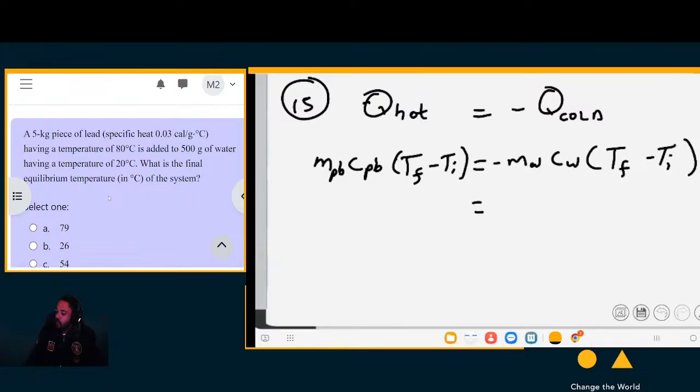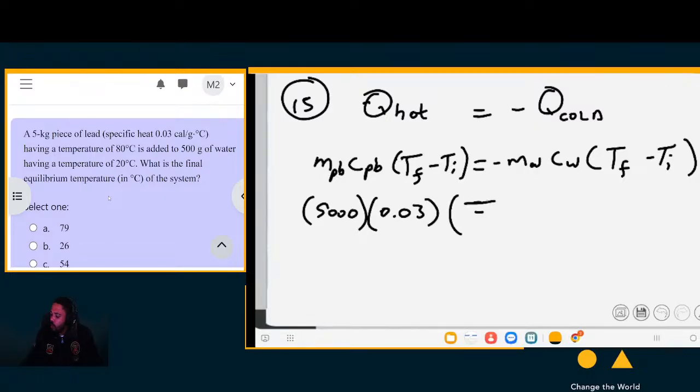So we have the setup. We just plug in everything we know. So 5,000 is the mass in grams, because the specific heat is in calories per gram. So it's 5,000 multiplied by the specific heat of lead in calories per gram, which is 0.03. Please make sure you get the units of the specific heat so you don't run into problems.